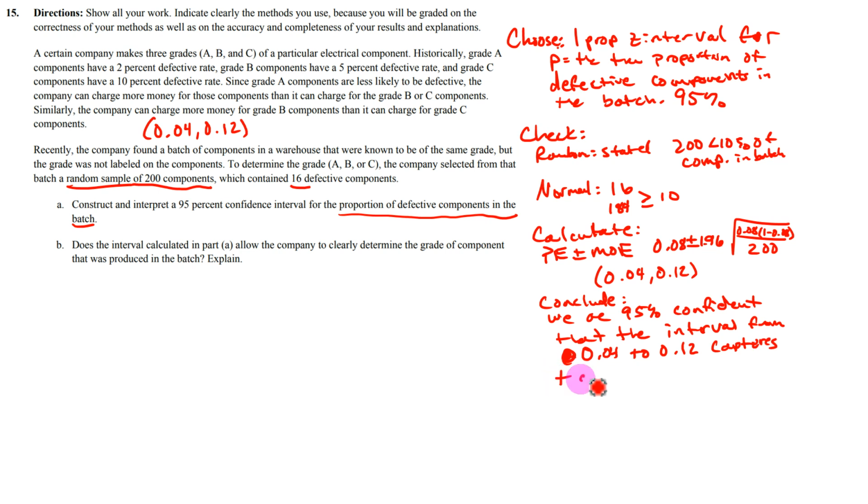It's a short one anyway. The true proportion of defective components in the batch.